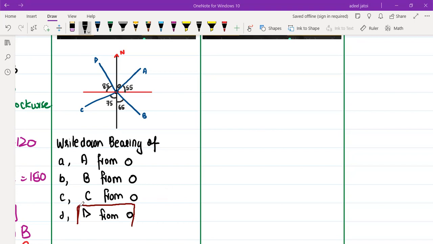Whereas D from O will be from this point to this point. We already know this is 90 degrees and this is 85. So this angle should be 5. So if I want the entire of this angle, we can subtract this 5 from 360. So this should be 355.